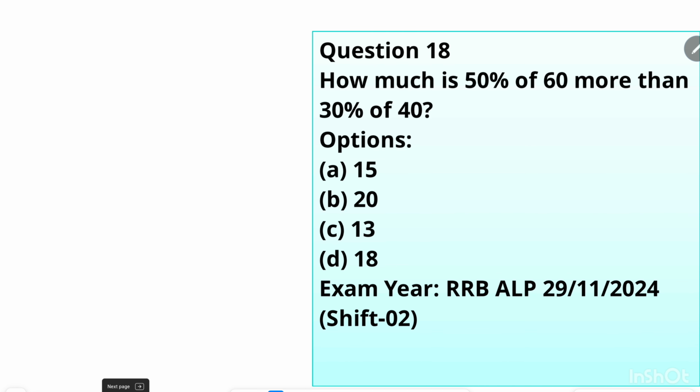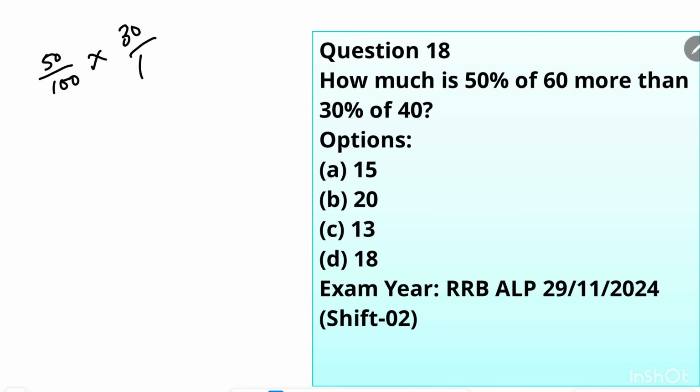Now look at question 18. How much is 50% of 60 more than 30% of 40? So very simple. Instead of writing this much, 50%, and then you will write that it is percentage. So I can write like this, then I will have to write 100 in the bottom, then 30%, then it will give like this.